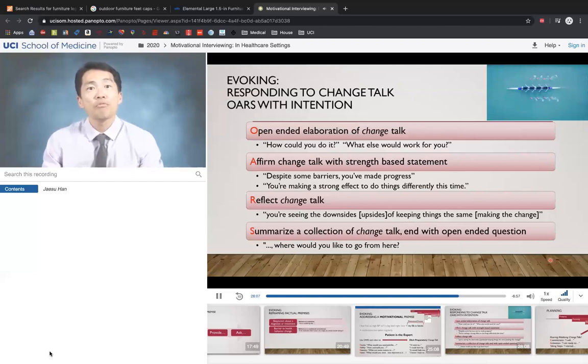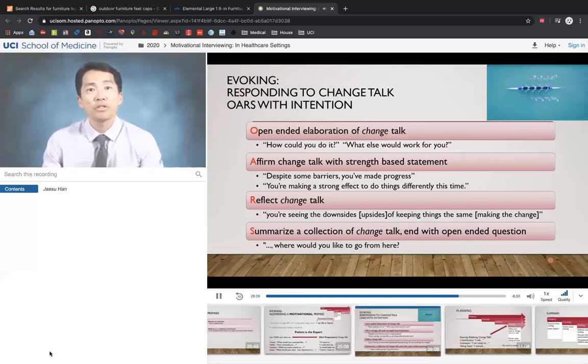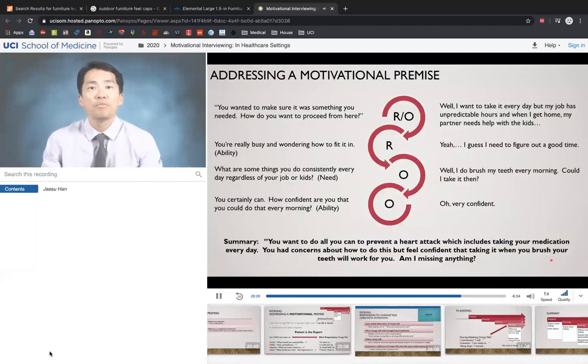I'm also going to reflect any change talk the patient gives me. You're really starting to see some downsides of keeping things the same, or you're really starting to see the upsides of making the change. And then I'm going to take a collection of any change talk that the patient has given me and end it with an open-ended question. And you saw me doing that here at the bottom.